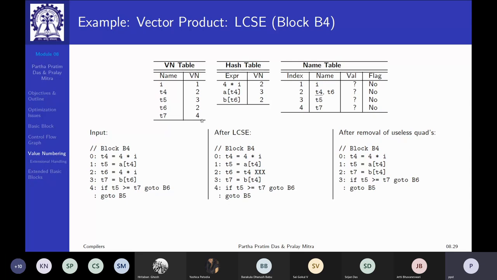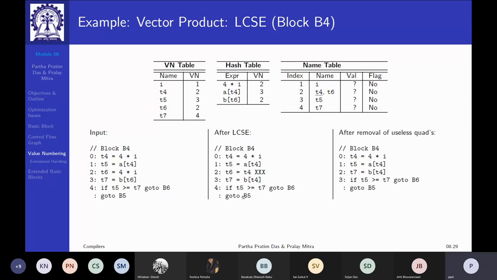T7 becomes value number 4, and with that value number 4, I have put that into B T6 with the value number. I think there is a typo here. This value number for B T6 should be 4 because it's actually T7.